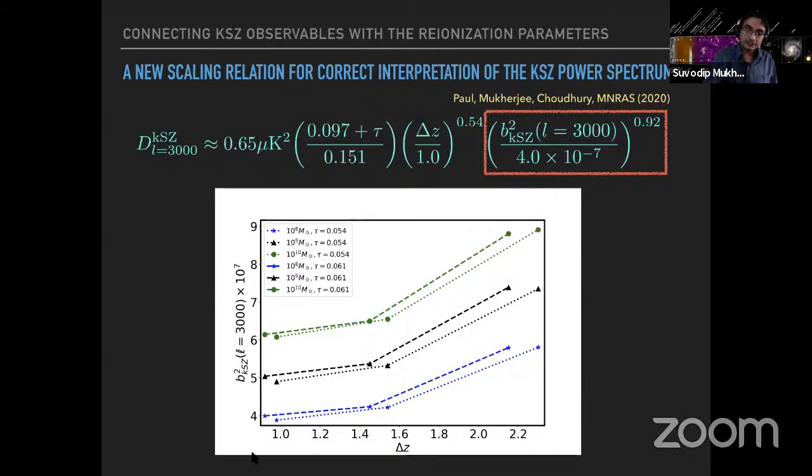This kSZ bias parameter changes with the delta z parameter, and this is what is shown in this plot: how the kSZ bias parameter changes with different minimum halo masses ranging from 10⁸ solar mass to something like 10¹⁰ solar mass, in blue to green. What you can see is that when your reionization is driven by heavier halos, you typically see the bias parameter larger than the scenario when it is driven by lighter halos.